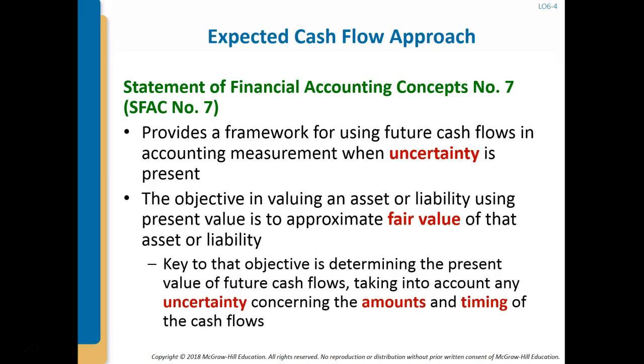Key to that objective is determining the present value of future cash flows associated with the asset or liability, taking into account any uncertainty concerning the amounts and timing of the cash flows.